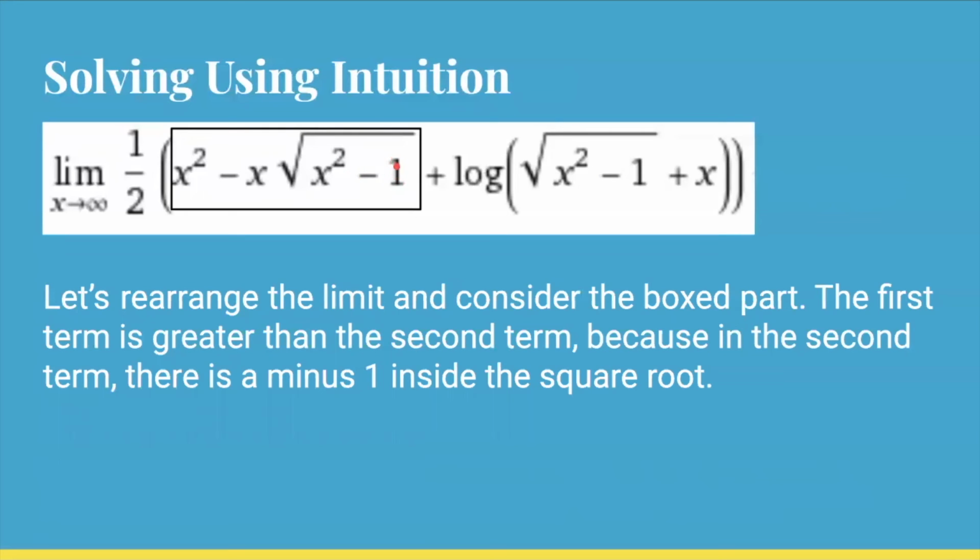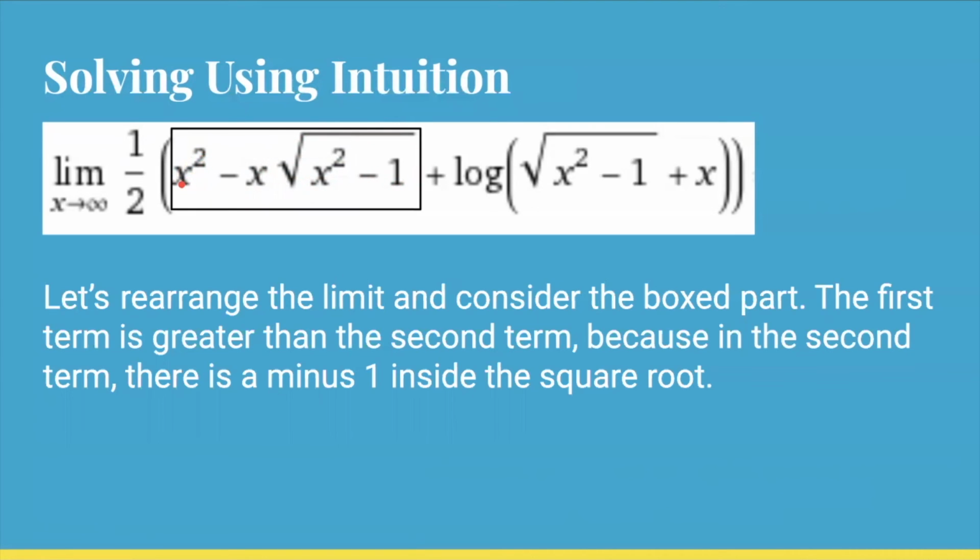That's because we have a -1 in the square root. And if we didn't have this -1, then this would just be the square root of x squared, which is just x, and multiplying that by x, you'll get x squared. So if there wasn't this -1, then this term right over here would be equal to this term. But since we have the -1, we know that this term has to be less than this term.